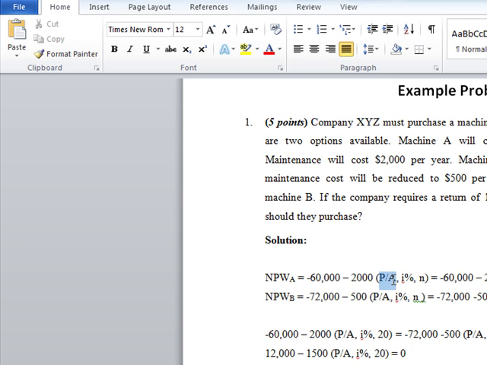P given A, that means A, the annual cash flow, is given, right? A is for annual cash flow or annual expense in this case. P means present value. We need to find out present value of that annual cash flow. I is the interest rate and N is the number of years, right?